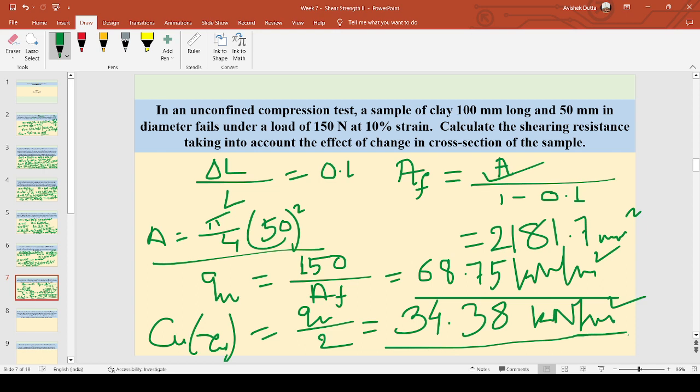Unconfined compression strength means undrained shear strength is equal to half of the compressive strength, that is Cu equals Qu by 2. I hope it is clear. I'll go to the next question.